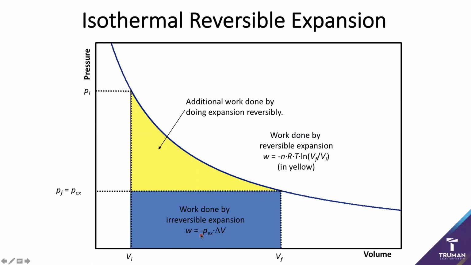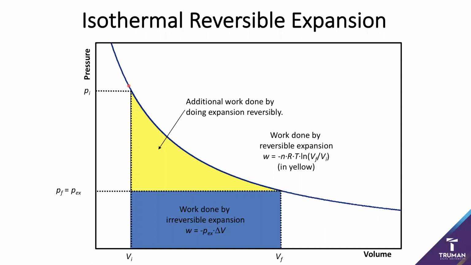However, what we can do is compare this to the reversible expansion, where in this case, my expansion is going to occur much more slowly. And so originally, say I start with an internal pressure of 2 atm. Well, my external pressure is going to also be 2 atm. And then I'm going to slowly remove pressure, allowing my system to slowly push my piston up as I slowly remove this pressure.